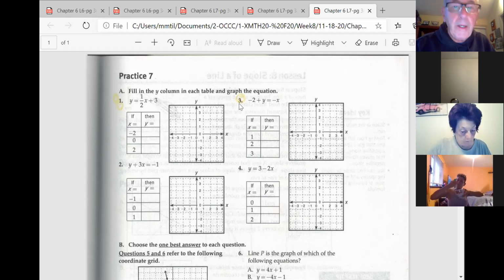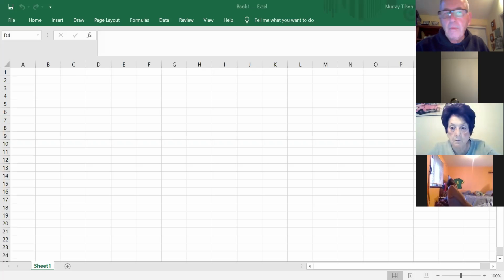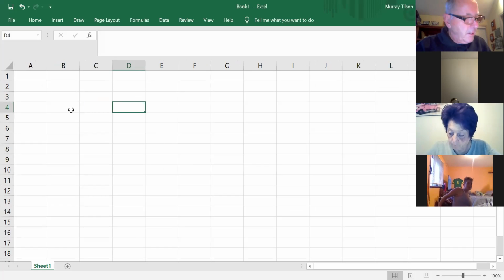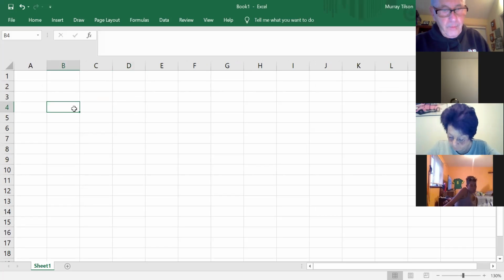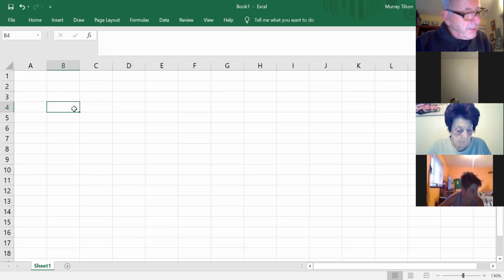Minus 2 plus y is equal to minus x. Okay, just a minute, I'm writing this down. I'm going to go to my sheet here. I want a spreadsheet right here. So I have an Excel sheet, and I'm going to put that formula in, minus 2 plus y, if I can do it without having Excel have a hiccup on me.